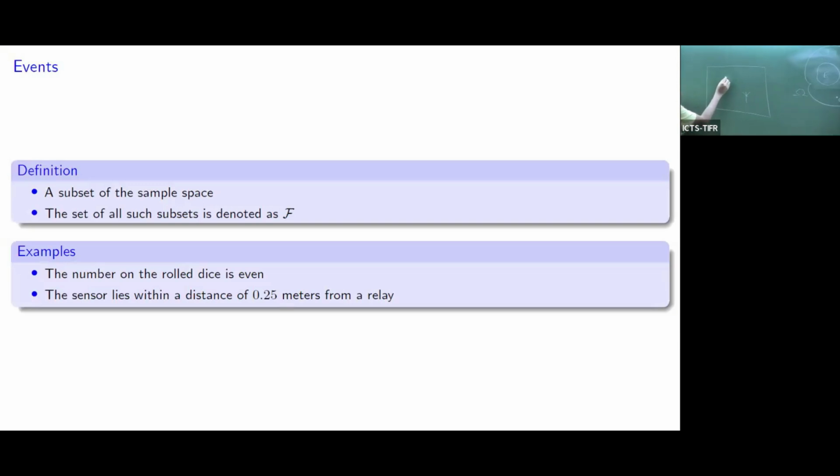The sensor will be able to communicate with this relay only if it is within some range of it. So the interesting event is whether the sensor falls here or outside. When you do the experiment, you are interested in the event that the position of the sensor is within this circle, or this disk. So this is what is called an event.